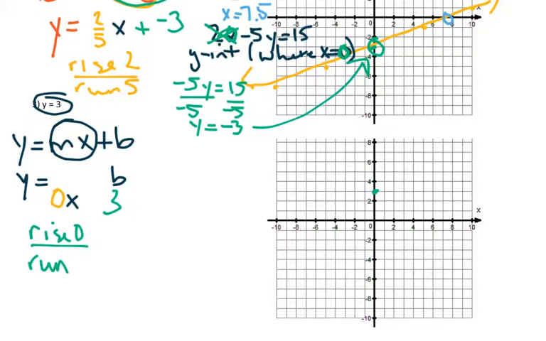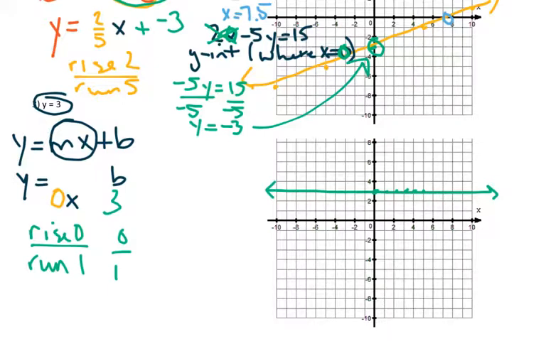So I'm going to put a 1 here because 0 over 1 is 0. So I rise 0 and I run 1, and I continue that pattern all the way across, and I connect my dots, and there is my horizontal line.